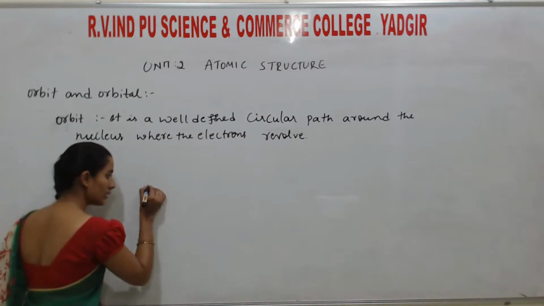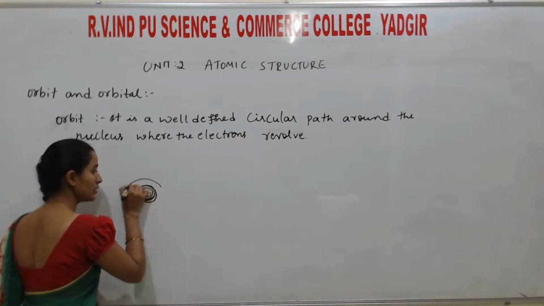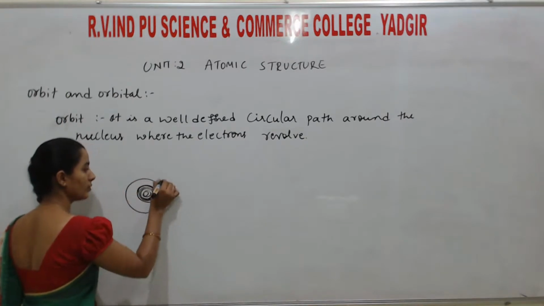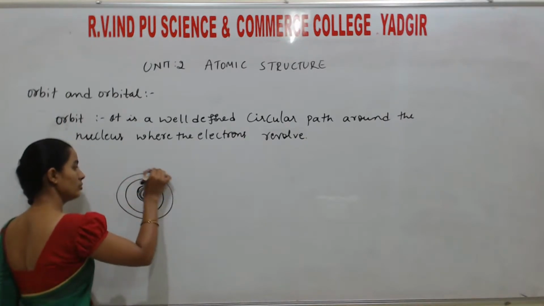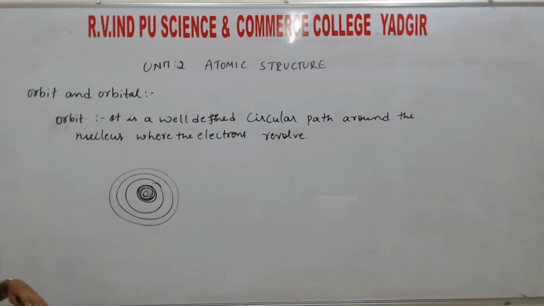For example, this is the nucleus. As I told you, this is called as what? Orbit. 1, 2, 3. So this is the orbit.